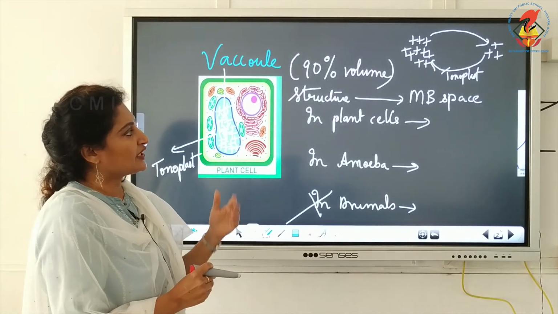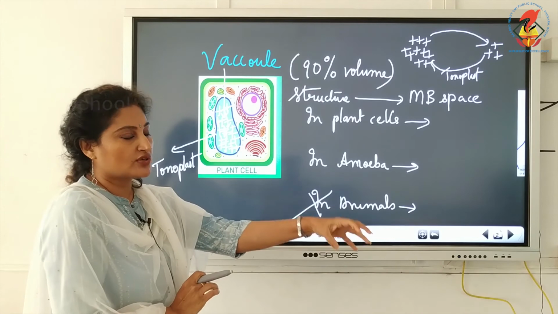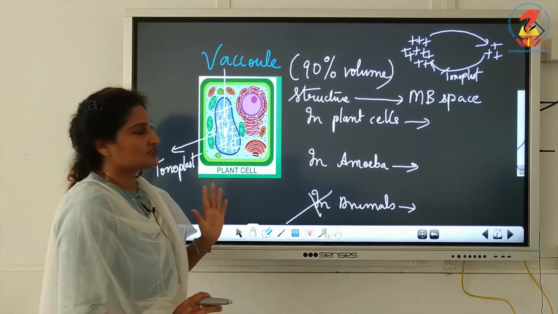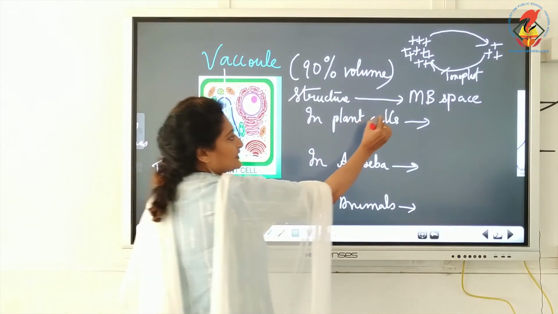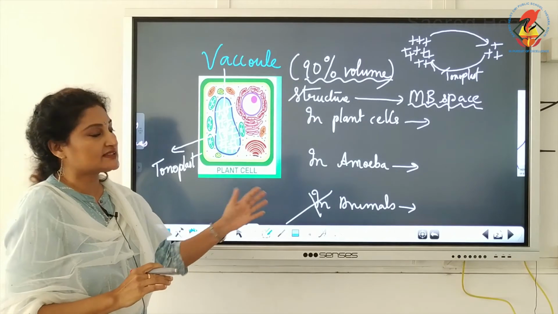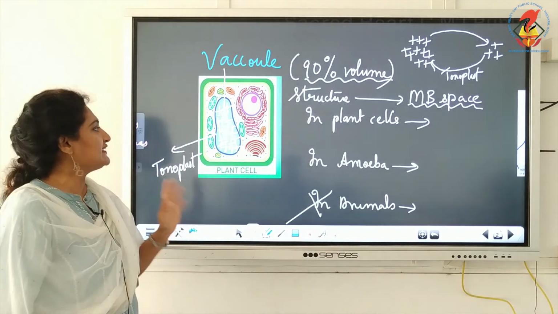So once again, the structure of the vacuole, I am emphasizing this: a membrane bound space which occupies 90% of the volume in plants. In amoeba they have some role to play, and in animals they have no significant role, but they are present, very tiny.